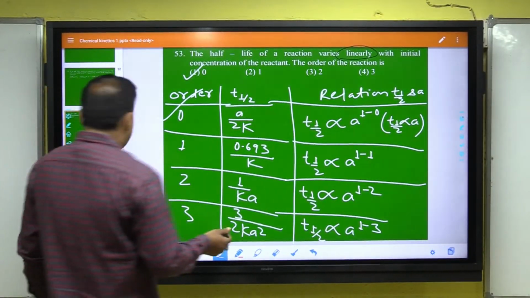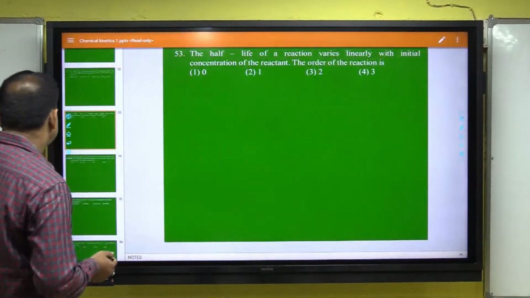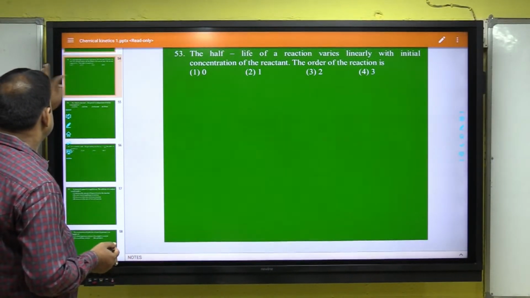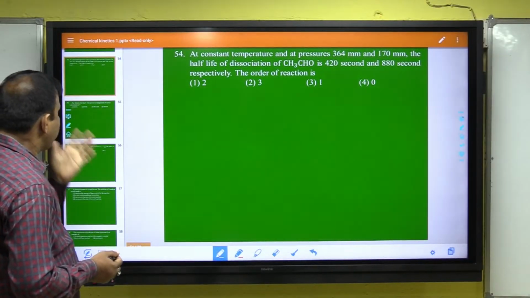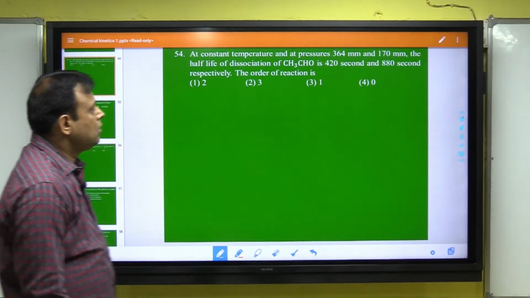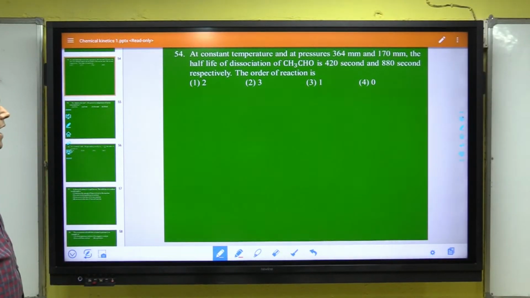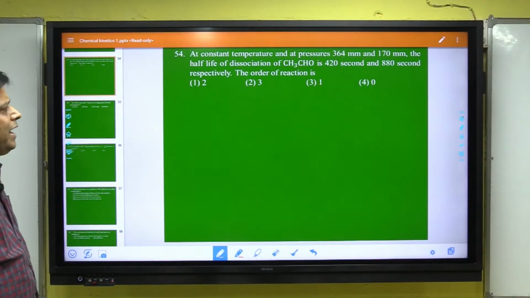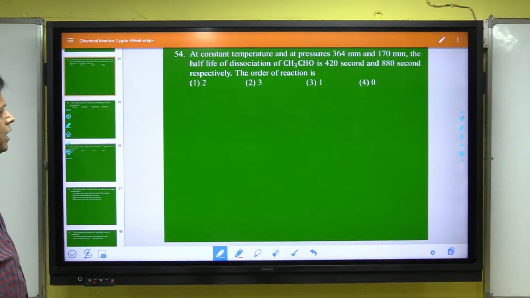Now, question number 54. At constant temperature, look at both, and at pressure 364 mm and 170 mm, the half-life of dissociation is 420 and 880 seconds respectively.